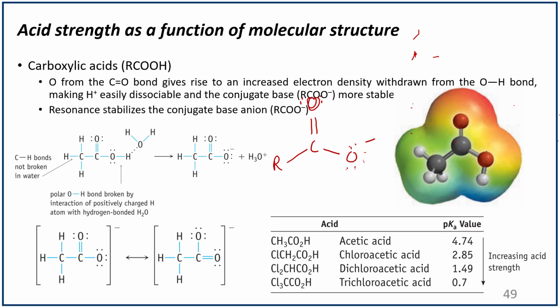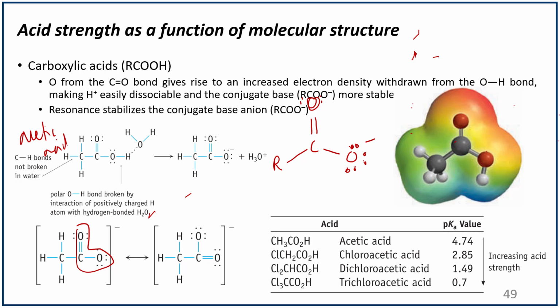Now, this structure has, let's make this clearer, 6 lone pairs around it. From this structure, you can actually draw another resonance structure. So let's say, for example, here we have acetic acid. This is the structure of acetic acid. Now, when acetic acid forms the acetate ion, you can write resonances within these 3 elements.